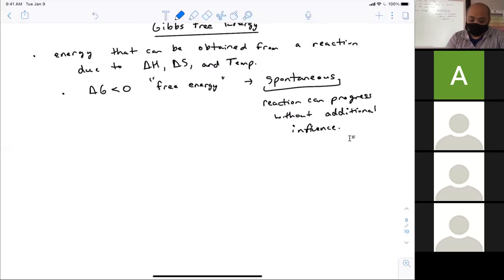Now the equation you need to know, and I believe this is given in your data packet as well, is delta G equals delta H minus T delta S. That's where the delta H, delta S, and temperature come into play. And remember, our goal is to have delta G be less than 0, so be negative essentially.